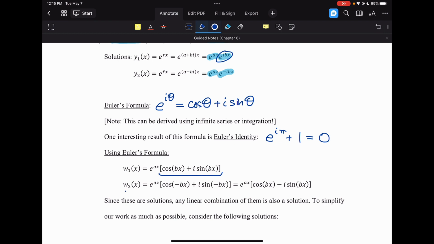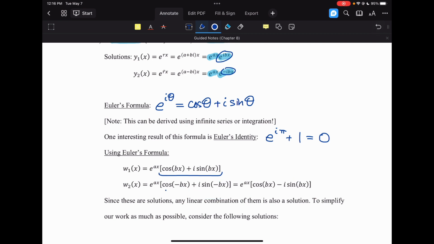And then same thing for the second one. Instead of e to the negative ibx, we're going to get cosine of negative bx and i sine of negative bx. But because of the evenness and oddness of the cosine and sine functions, with cosine you can get rid of the negative entirely, and it's the same. With sine, you can pull the negative out, and it's the same.